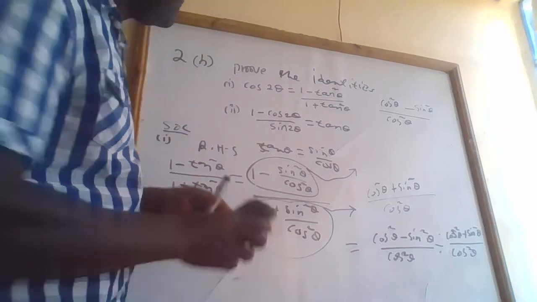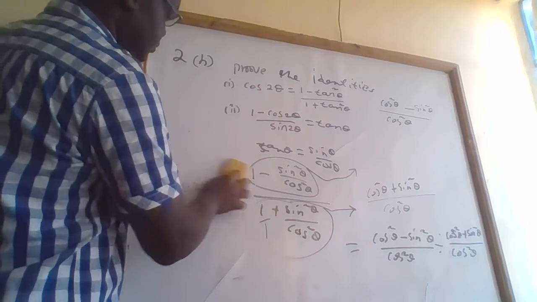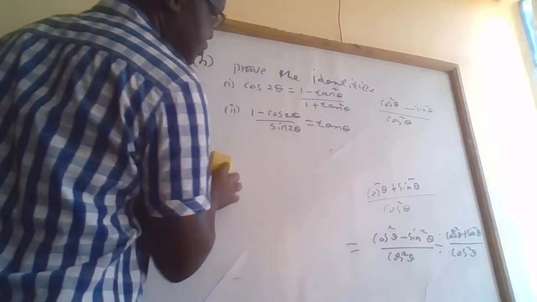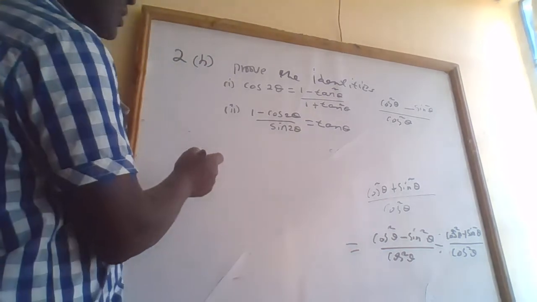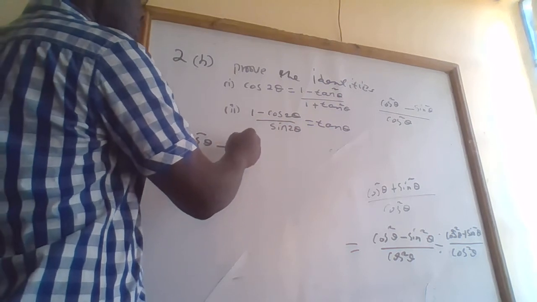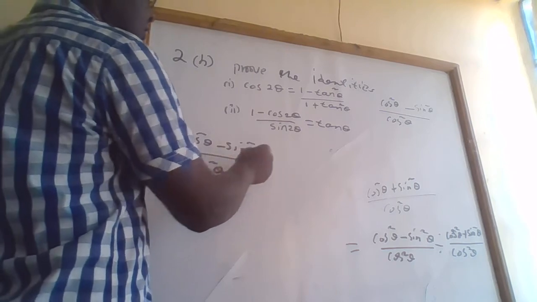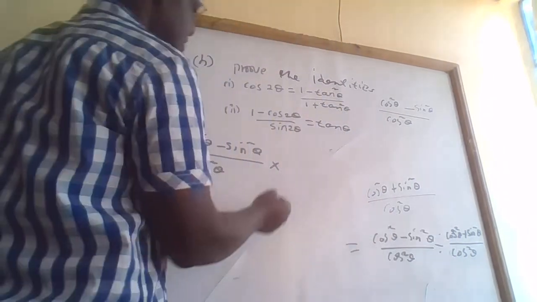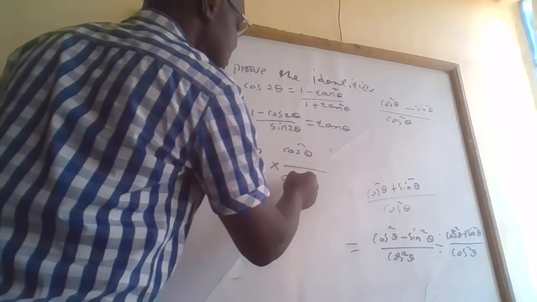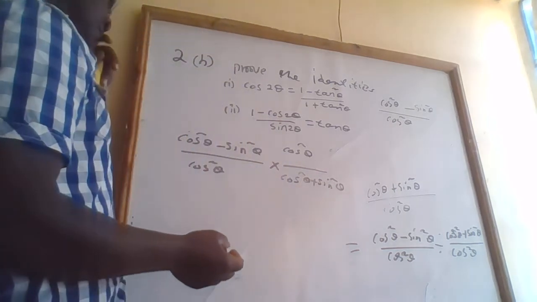Now we can write this one as cos theta squared minus sin theta squared over cos theta squared, times, we get the reciprocal of that, cos theta squared all over cos theta squared plus sin theta squared.